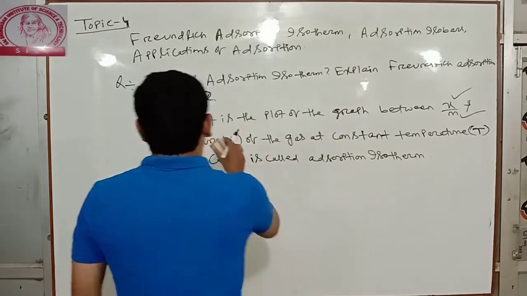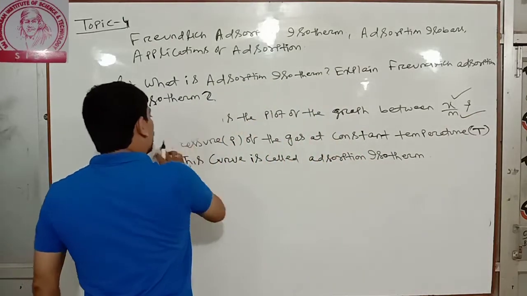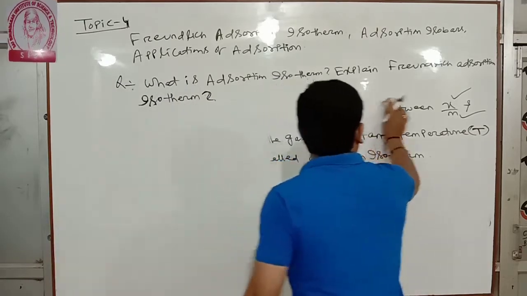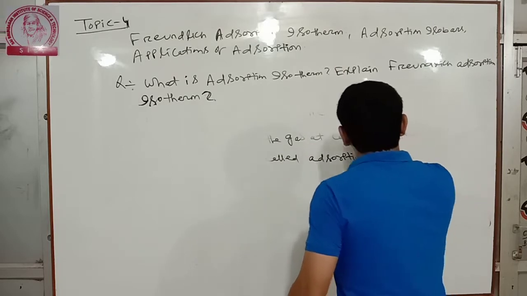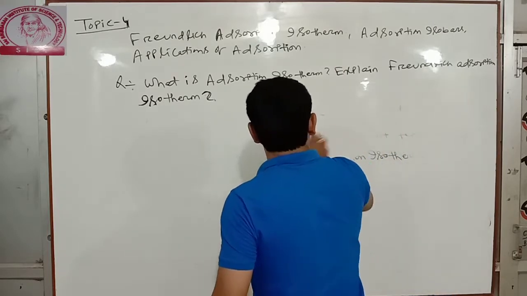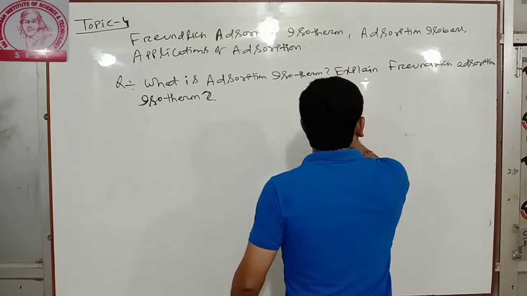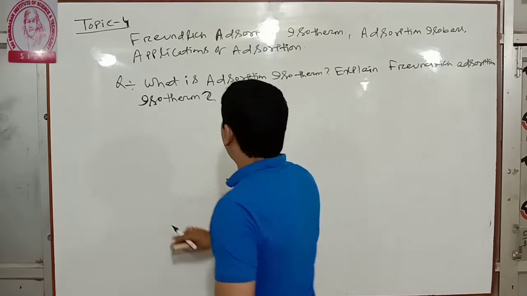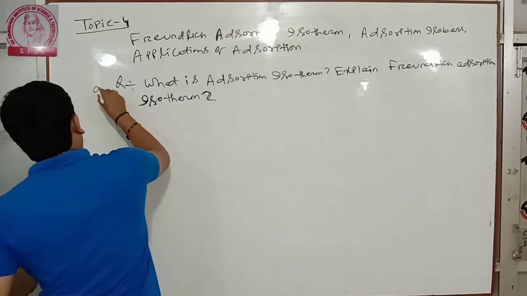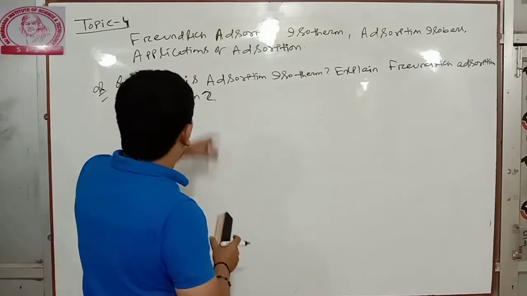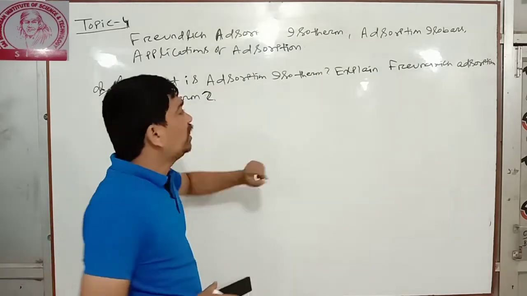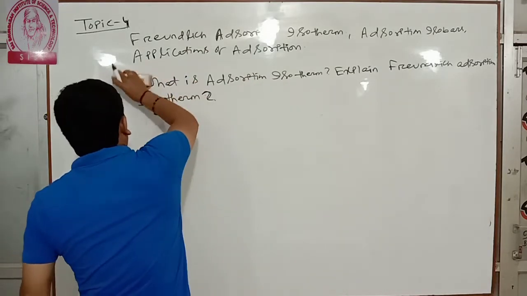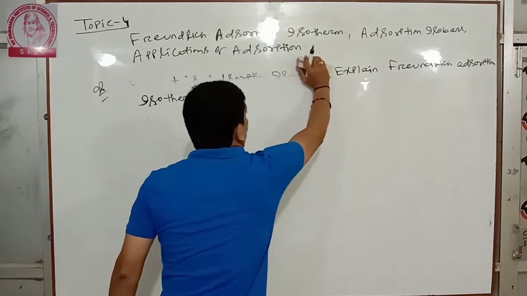Next, Freundlich's adsorption isotherm. Explain Freundlich's adsorption isotherm. If this is a 3-mark question, first you will write what is adsorption isotherm. This is the answer. Next, explain what is Freundlich's adsorption isotherm.